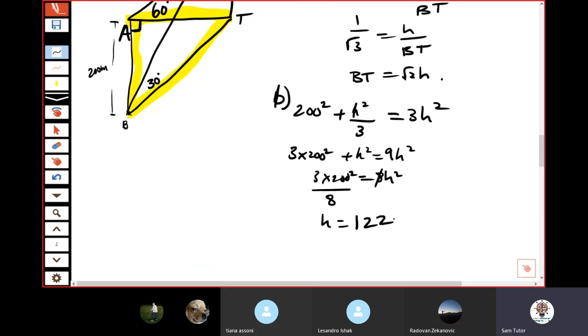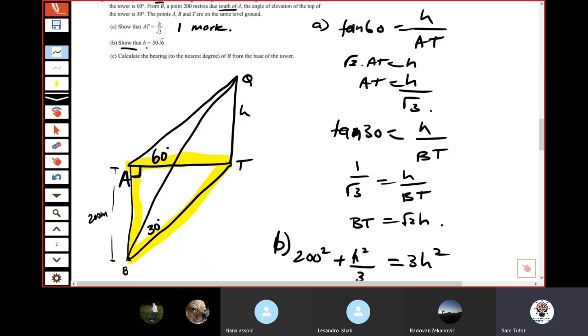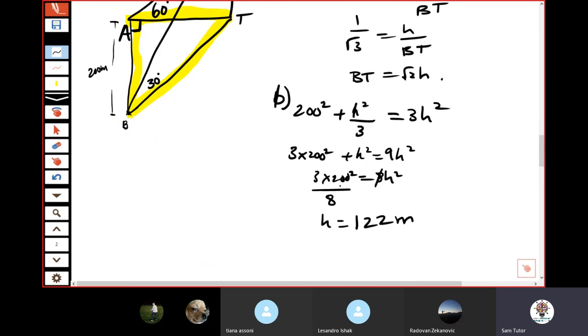To the nearest meter would be 122. Oh, wait, sorry. Question said show it's 50 root 6. So I can't leave it as 122. So go back. Very wrong. Show means keep it exact. So plug all this into my calculator and it will say 15,000 equals h squared.